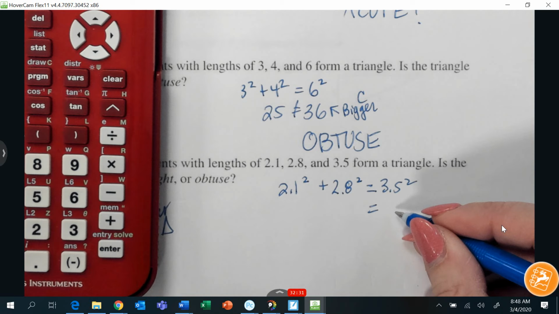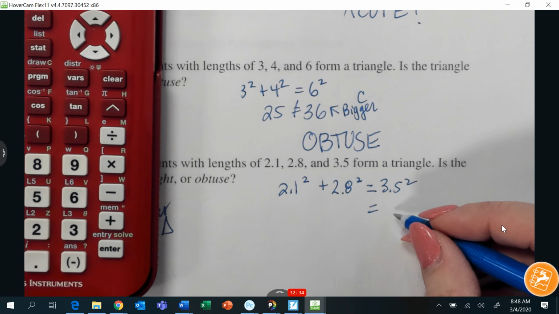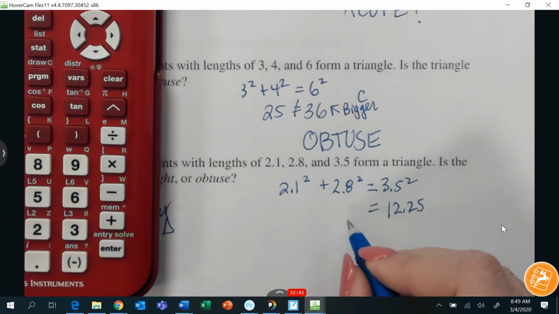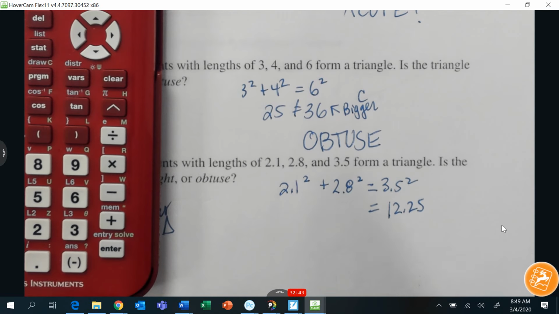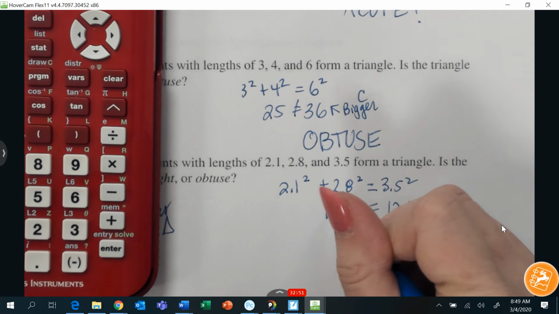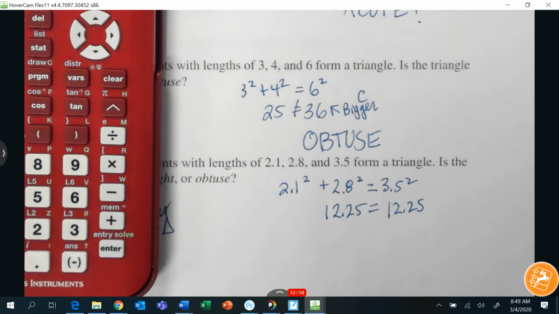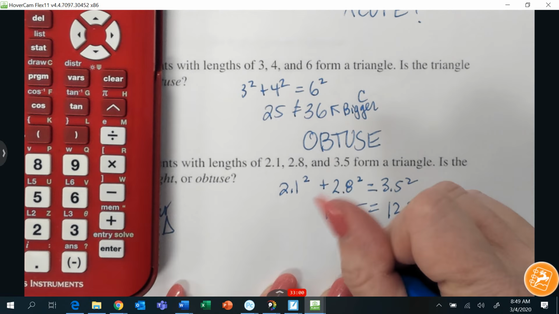Okay. Jay, what's this tell me? Right triangle, perfect.